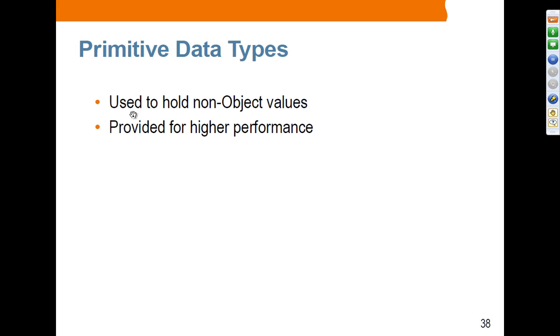Primitive data types are non-object values, so they are not objects. Again, they are provided in Java for higher performance. Other programming languages, for example Ruby, don't provide primitive types. Everything is an object type. It has pros and cons.